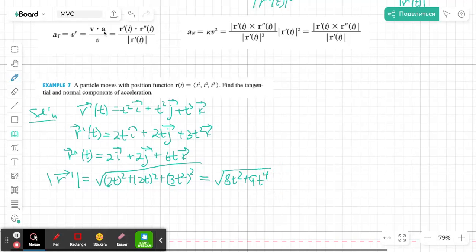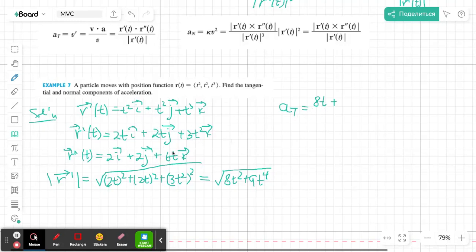And now all we have to do is plug those things into our equations, and I'm going to do it on the right side. So a sub t is going to be equal to r prime dot r double prime. So 2t times 2, that is going to be 4t, plus we have 2t times 2, so 4t plus 4t, that's 8t.